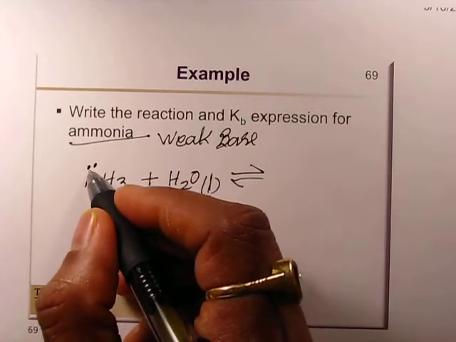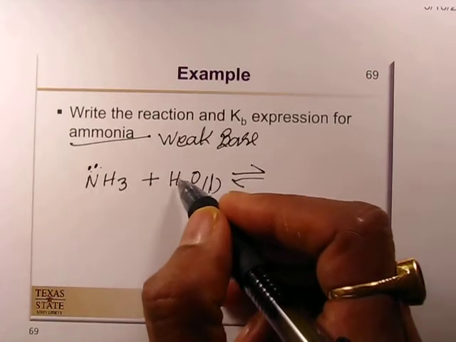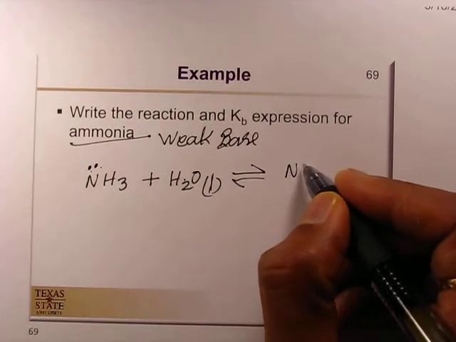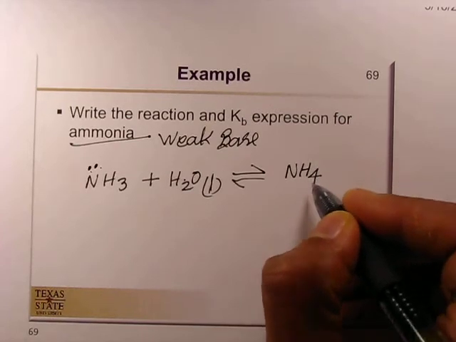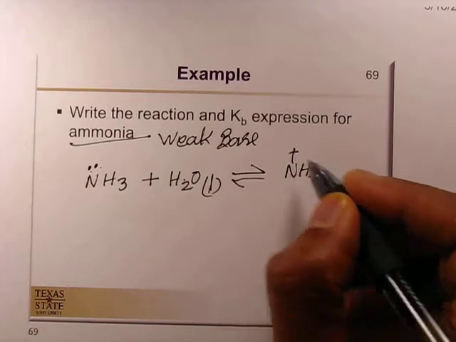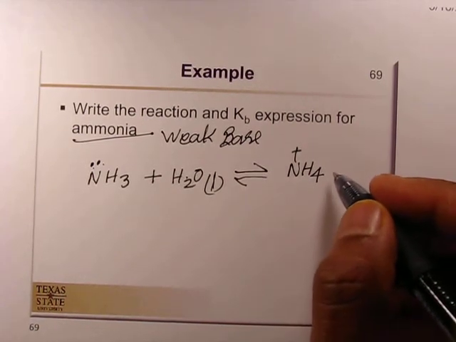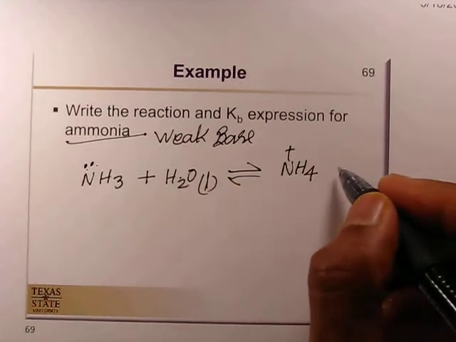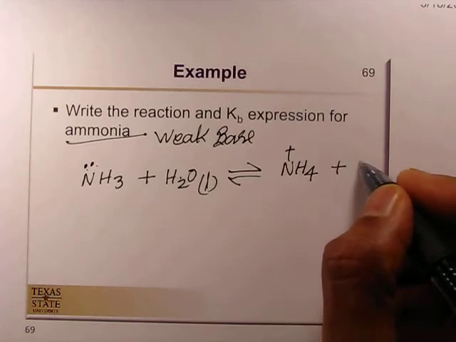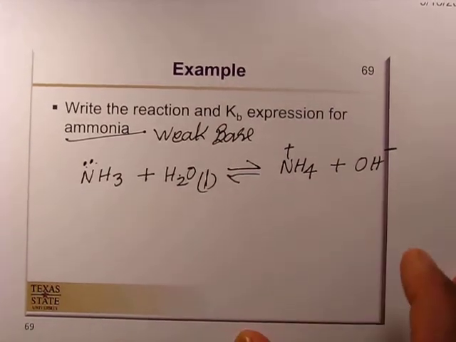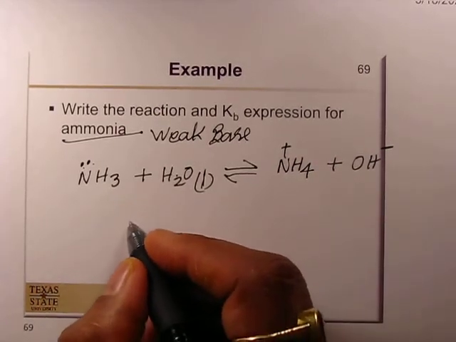The nitrogen lone pair of electrons will accept one proton from water, so this will become NH4 with one positive charge, the ammonium ion, and water will be left over as a hydroxide ion.